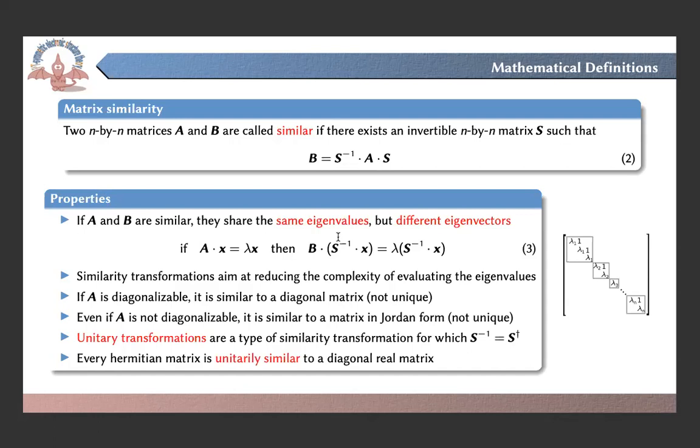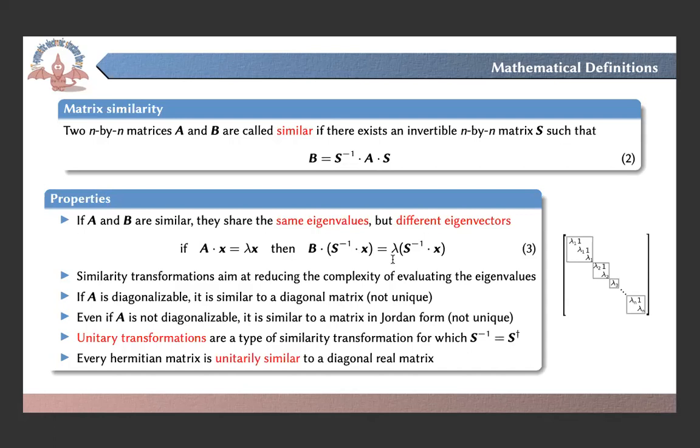In quantum chemistry, you have a matrix and you want to know its eigenvalues because those are the energies. If this matrix is complicated or big, you want to modify it through a similarity transform to make it simpler. By doing this, you don't change the eigenvalues, but you change the eigenvectors.